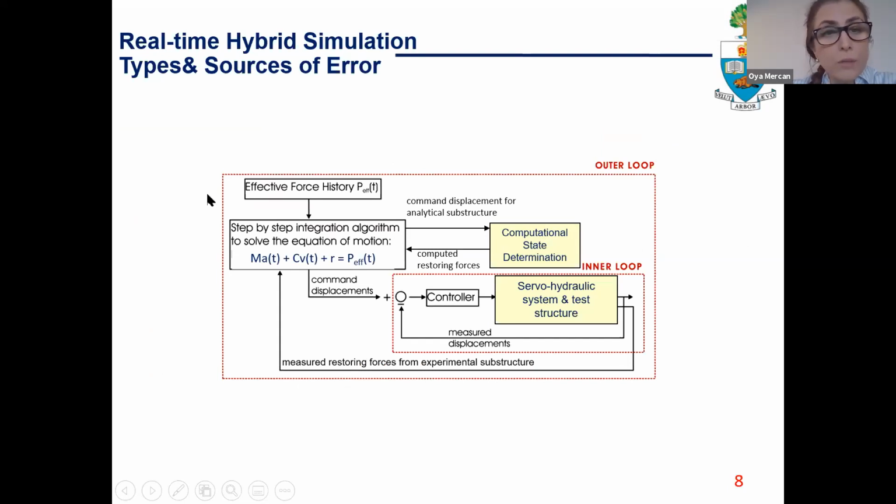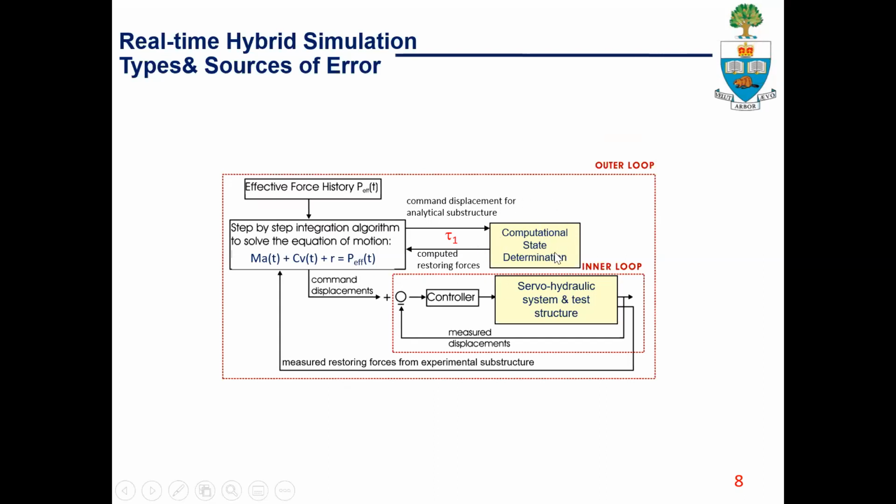So if we go back and take a look at this block diagram, if we have tau 1 seconds of delay coming from our computational state determination analytical substructure, and if we have another delay of tau 2 seconds coming from the experimental substructure, for a combination of these two, we can destabilize the outer loop system dynamics.